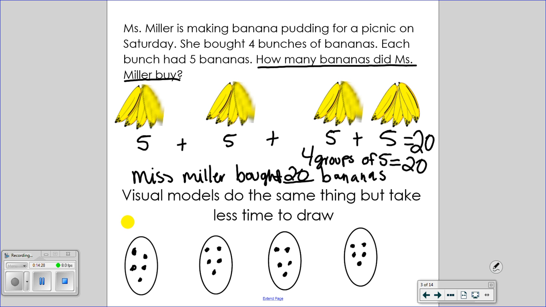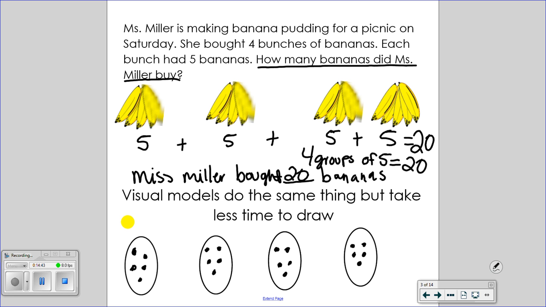This is how I want you, if you need to draw it out, I want it to look like. I want it to be circles and dots, circles and dots. This is my favorite strategy because it makes it a lot easier for me to see. You don't have to like this strategy, but this is the one that I like to use.